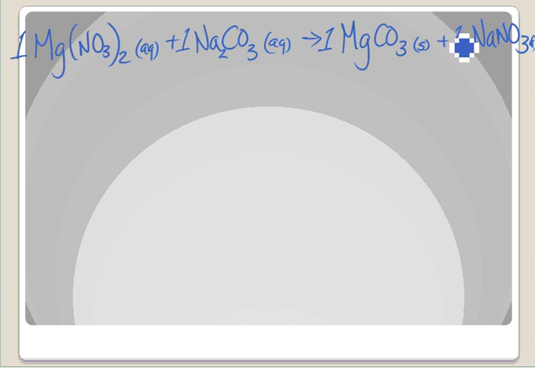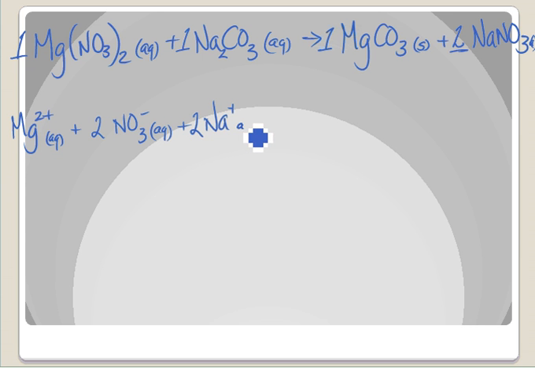Okay. Now we need to break it apart into its total ionic equation. I think I said it incorrectly on the last one. Total ionic is everything. So we have a magnesium ion, which is magnesium 2 positive. We have two nitrate ions. We have a sodium ion, two of them. And we have a carbonate ion.